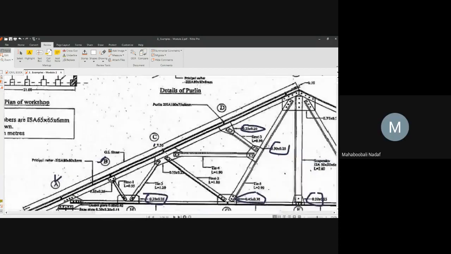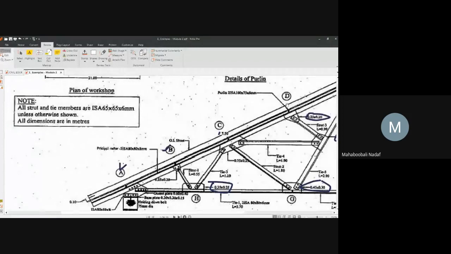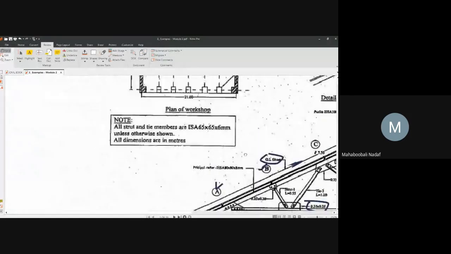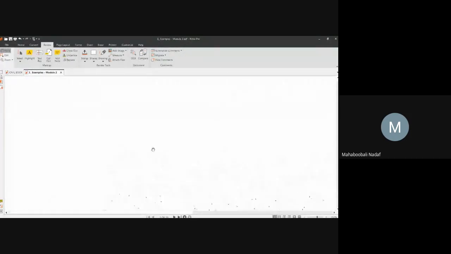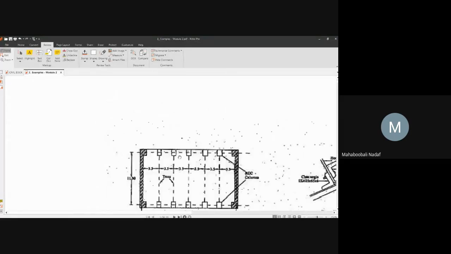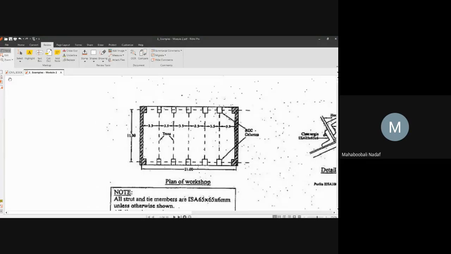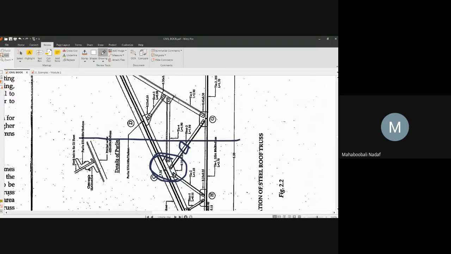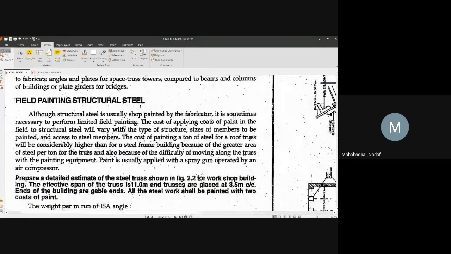Very good. And also above that they have given a GI sheet. What is that GI sheet? Here they have given a thin line, which is called the GI sheet. Now in the question also they have given this.